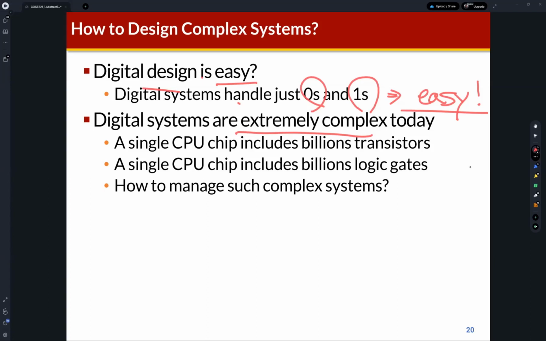It also means a single CPU chip includes billions of logic gates. In this class, we will learn about the logic gates.